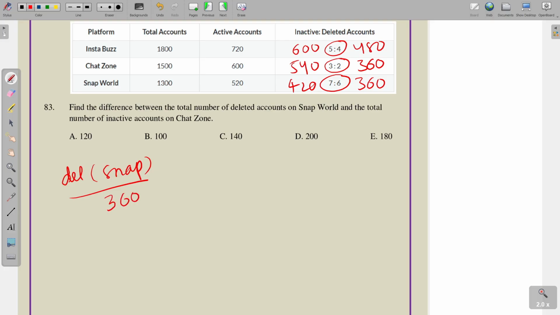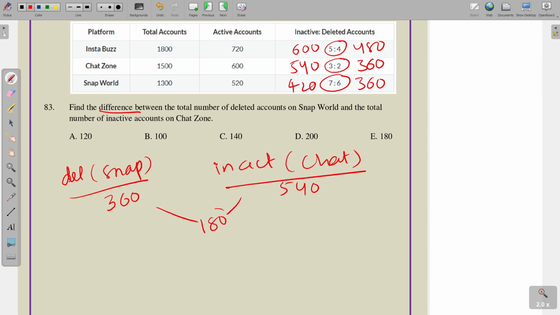In that Snap deleted are 360, and Chart Zone inactive means 540, and how much is this difference? This difference is 180. So this is the answer for this question.